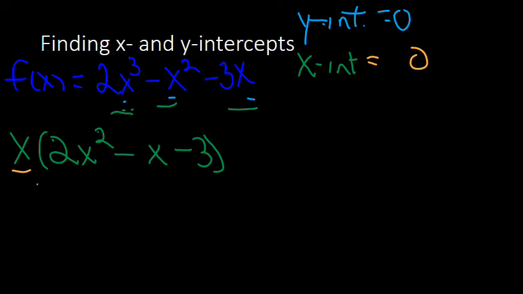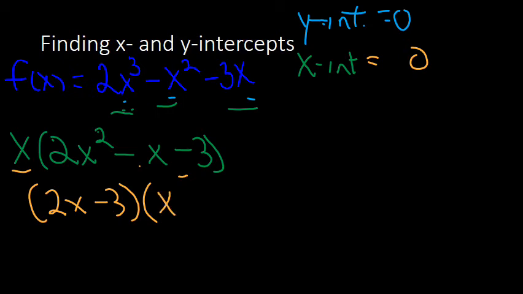So let's see here. I can factor this by 2x minus 3. I know that my last term here is a negative, so I'm going to have a positive and negative within my parentheses. And my middle term's a negative, so I know that one of them is going to have to be larger. The negative is going to be larger than the positive.